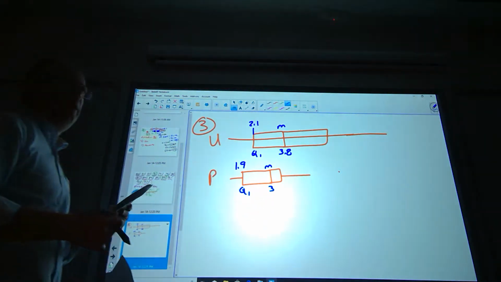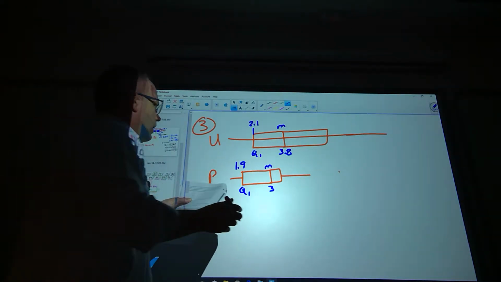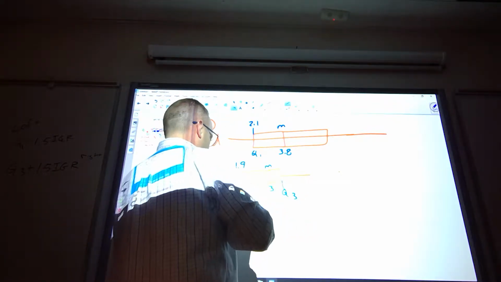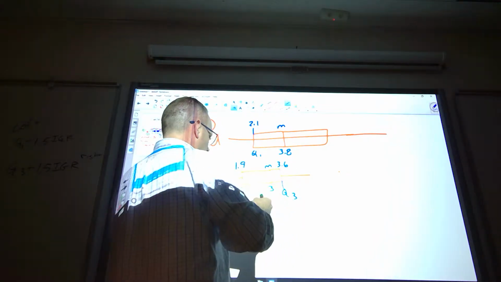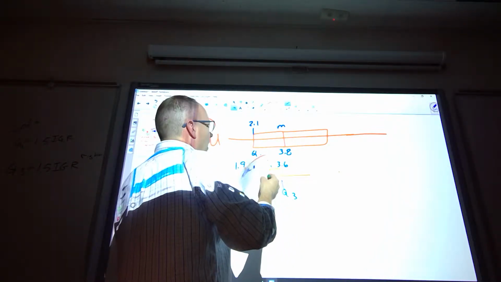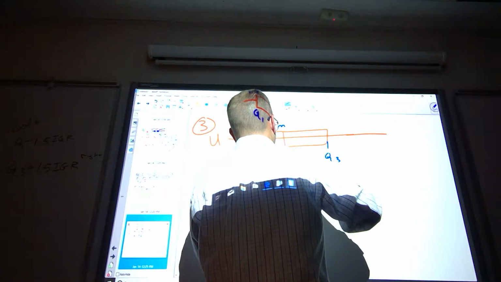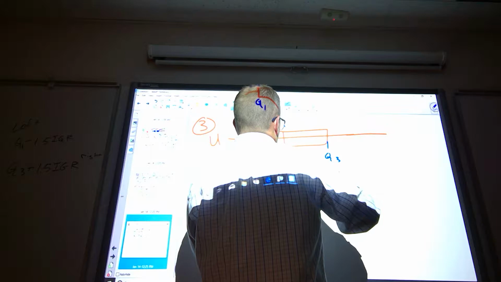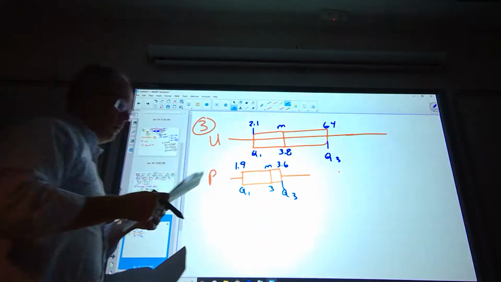And I'm just guesstimating, I'm not exact, I'm just trying to do the best I can with it. And then this is my Q3, which looks like on my graph, that's about a 3.6. Okay, and this is my Q3 on this data, which is about a 6.4 maybe. Is that okay?